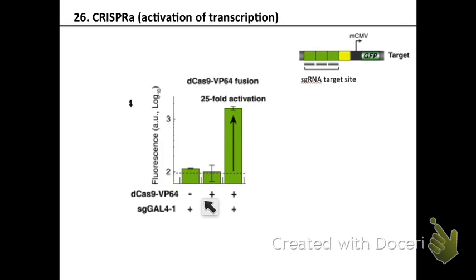When you put the dCas9 on its own, without the sgRNA, you don't get much expression at all. But when you put both of them together, in which the sgRNA is going to complex with dCas9 and target it to the promoter of the reporter gene, then you can achieve 25-fold activation of that promoter. So by bringing dCas9 fused to an activator domain, you can activate that promoter.